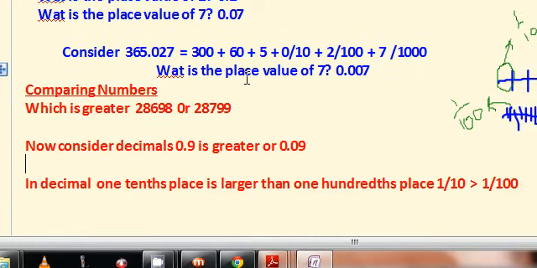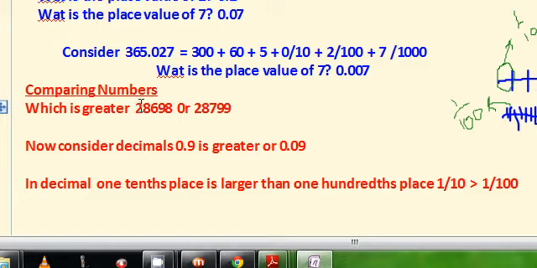Generally, how we compare numbers, for example, it is given which one is greater, this number or this number. Now what is our general perception? First of all, we count the number of digits. This has got 1 2 3 4 5 digits, and this has got 1 2 3 4 5 digits. So we will start from the number which is having the highest place value. Since the number of digits are same, we cannot say which one is greater. If one had less number of digits, we would have said that that number is smaller.